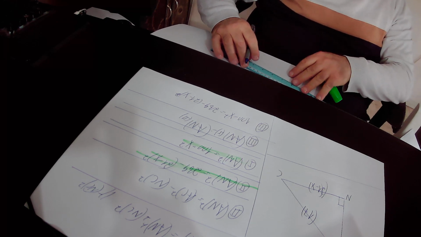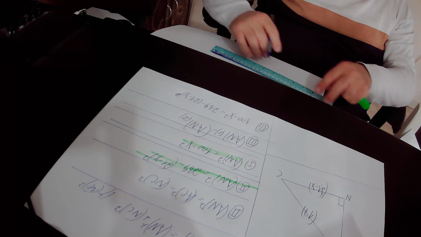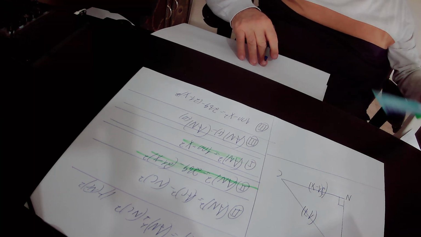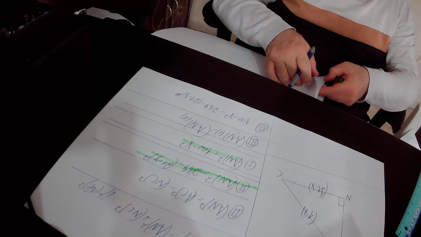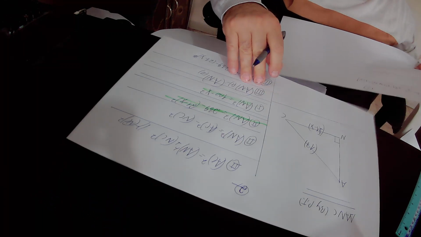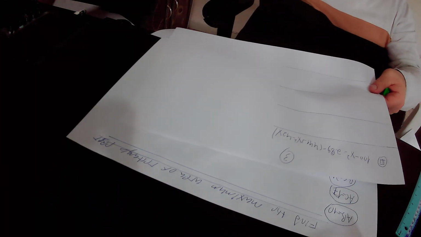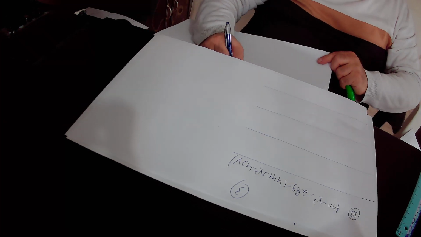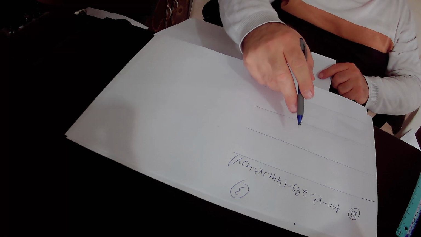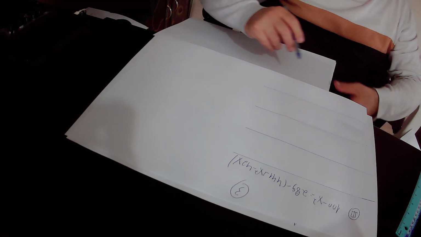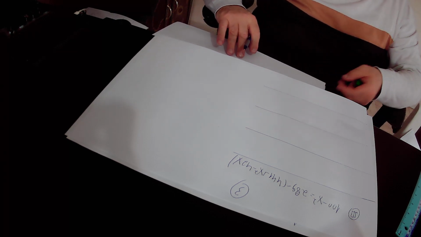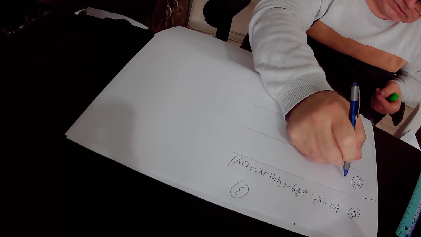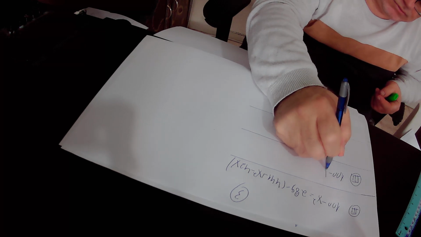So 100 minus x squared equals 289 minus (441 plus x squared minus 42x).